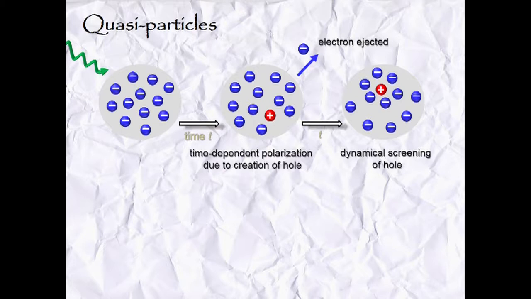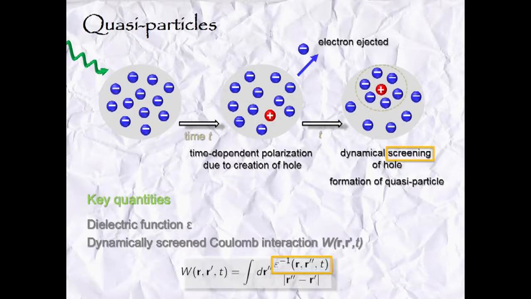Dynamical screening is important here, but as I said, you can imagine that this is basically the formation of a quasi-particle which consists of this hole, but with this electron cloud around it. So screening is very important, and that's why the key quantities in Green's function theory to describe this are, first of all, the dielectric function, and as a second step, the dynamically screened Coulomb interaction.